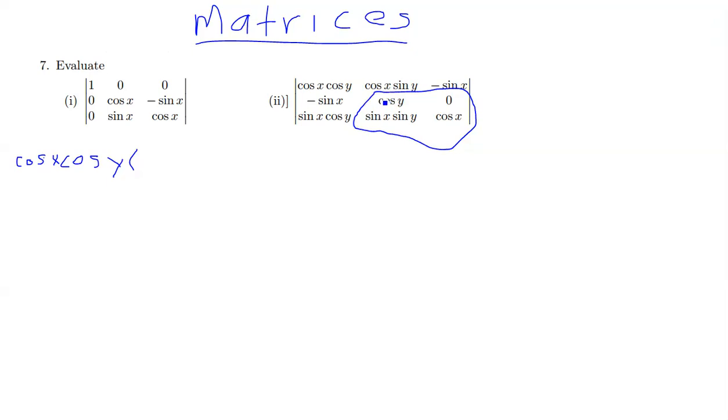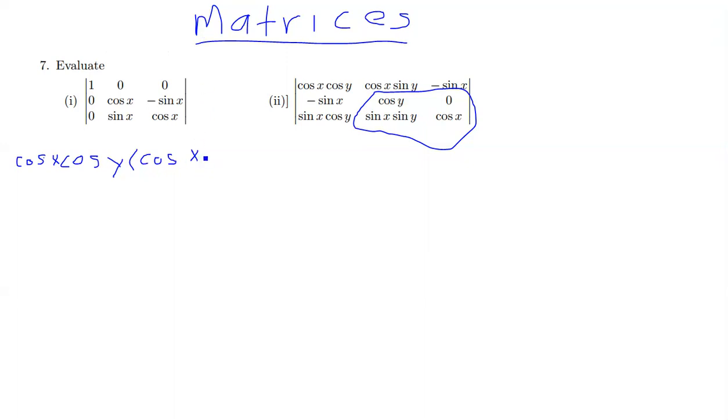So I'm going to multiply cos x times cos x. You get your cos squared x. Oh, sorry. This is cos y times cos x. So meaning we're going to get cos y, cos x the way it is.